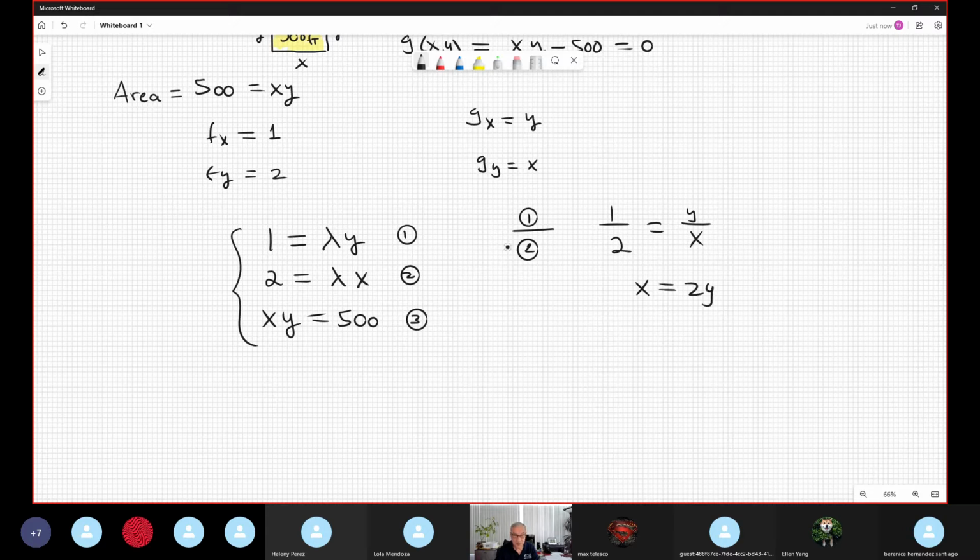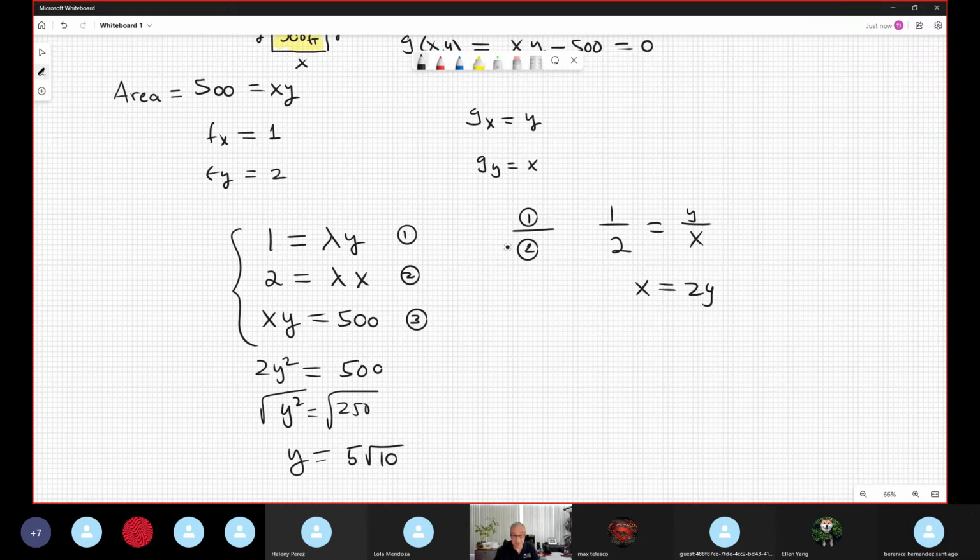I'm plugging into the third equation: 2y times another y gets 2y squared equal to 500, so y squared is equal to 500 divided by 2, which is 250. This is the square root of 250, which is 5 radical 10, because 250 is 25 times 10 and the square root of 25 is 5.